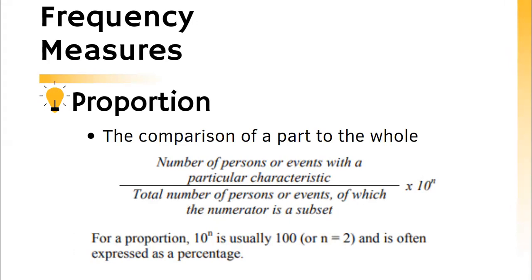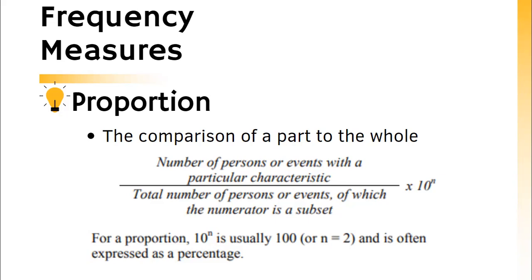In other words, when we are talking about proportion, we're comparing a particular portion or a part of the entire whole or the entire population. So this is better expressed as the number of persons or events with a particular characteristic, compared with the total number of persons or events of which that particular characteristic is a subset.